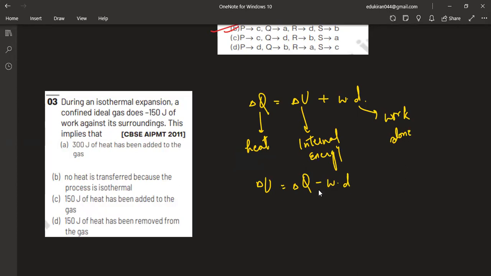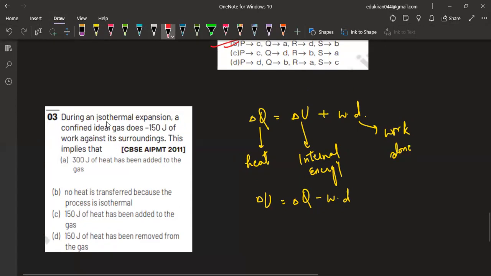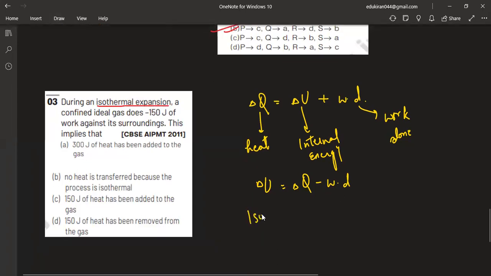Now if this is an isothermal process, because this is mentioned in the question, yesterday I told you that in isothermal, one of these quantities becomes zero when temperature is constant. Internal energy. For isothermal process, internal energy becomes zero.